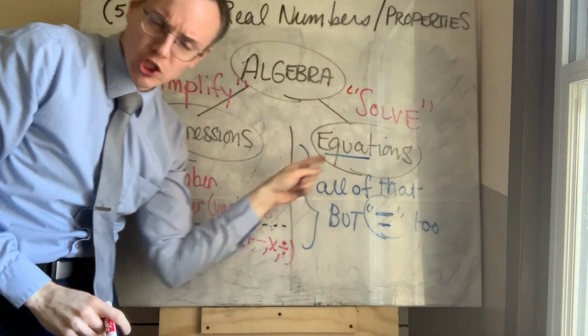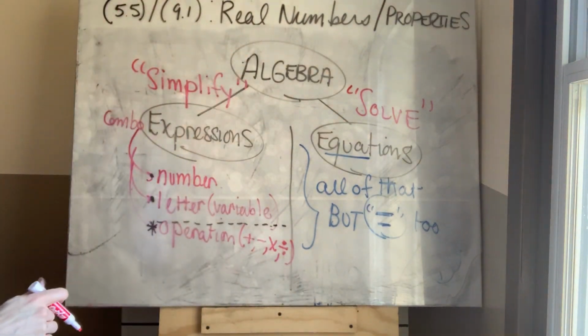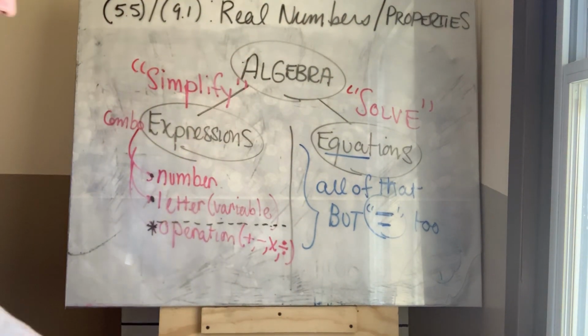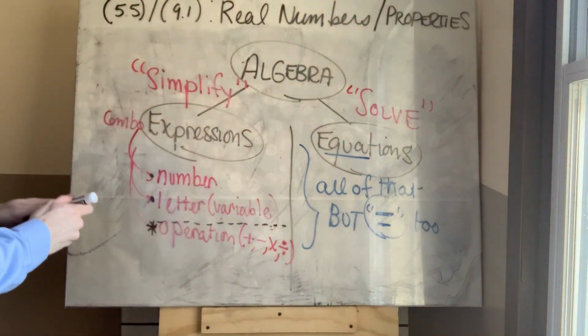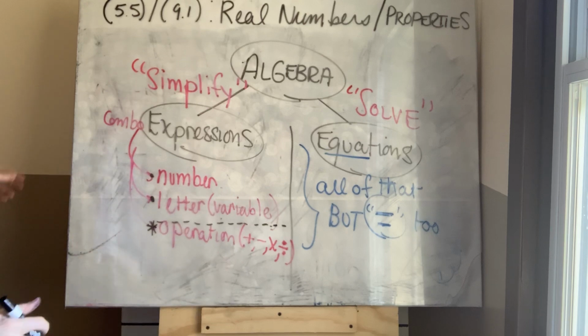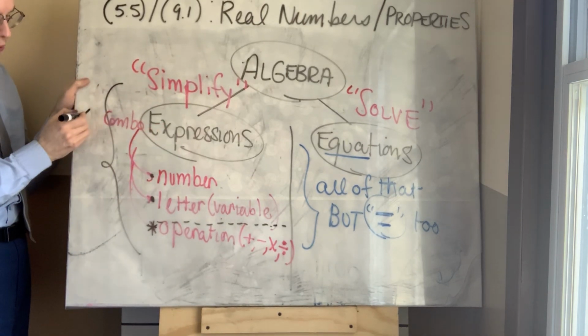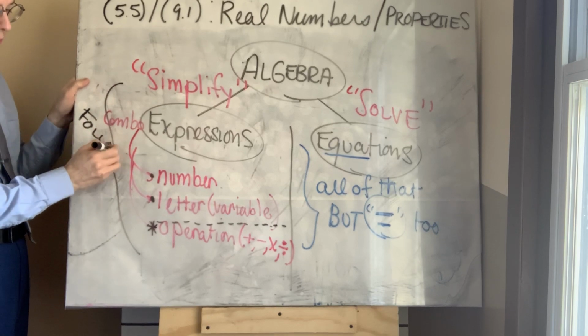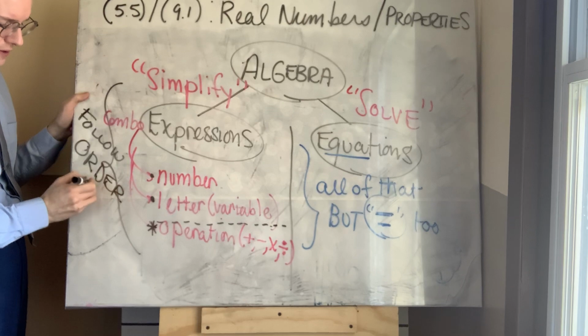You solve equations, you simplify expressions. And there are different sets of rules. When you are simplifying expressions, you follow the order of operations.